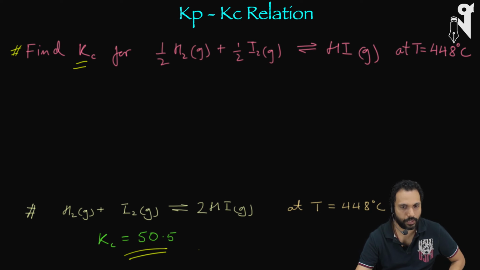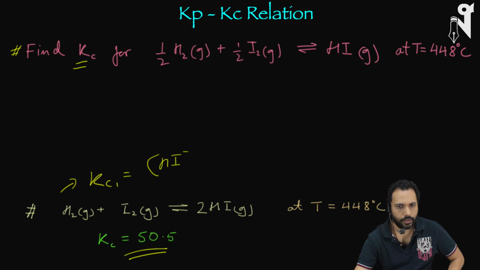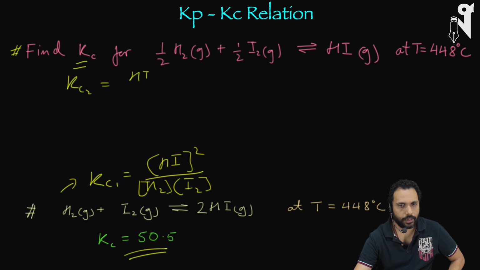So what was the Kc value earlier? Here, I'll call it Kc1. Your Kc1 was [HI] squared divided by [H2] power 1 and [I2] power 1. Here your Kc2 for this reaction would be [HI] power 1 divided by [H2] power half and [I2] power half.